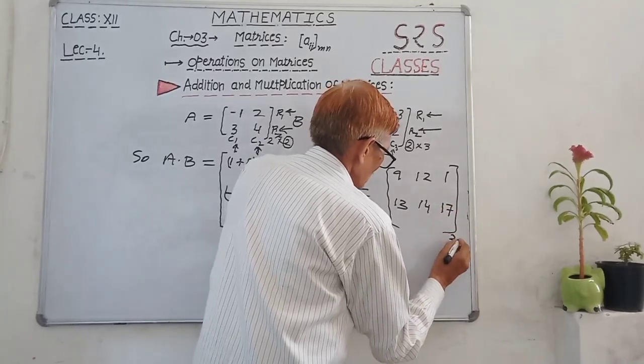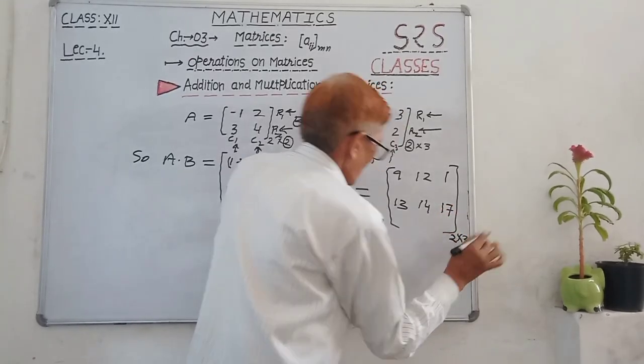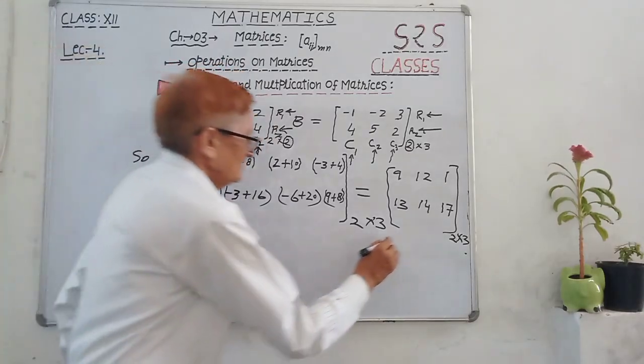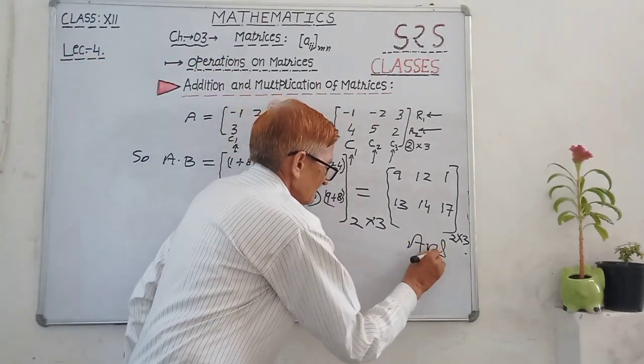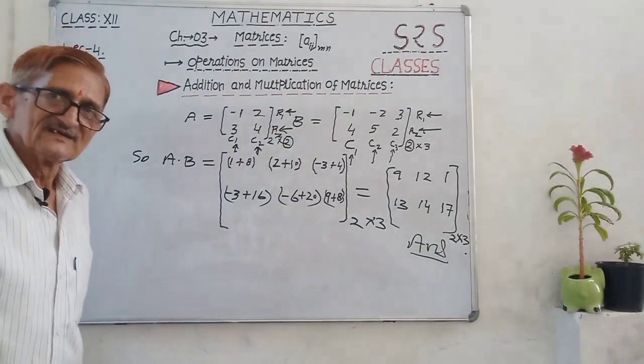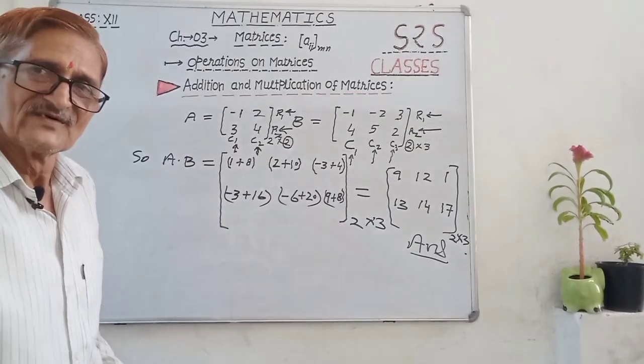This is 2 by 3 order. This is the answer, A into B. Now, understood?